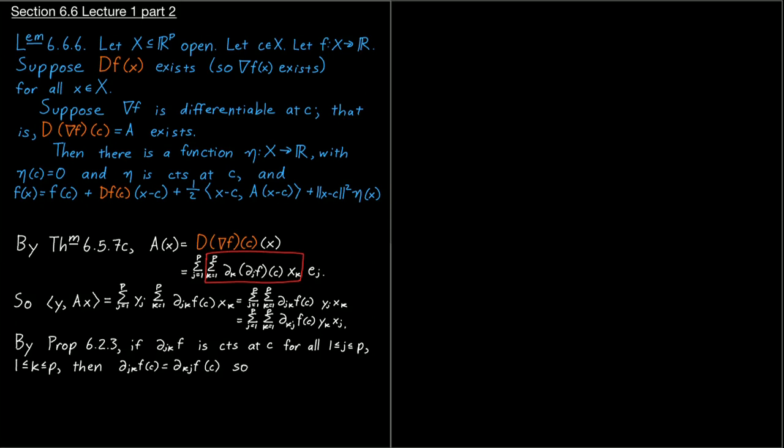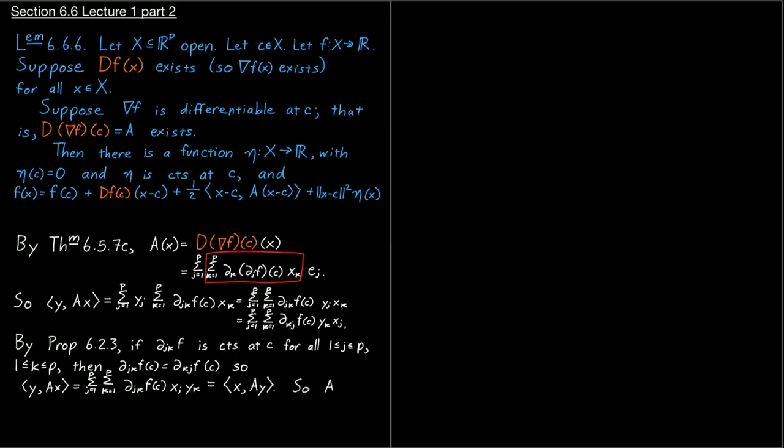So the inner product of y with Ax, let's write that last sum, except instead of having partial kj, I'll write partial jk f of c. Then I'll put the other two in the other order, xj yk. And if you work through this, this is the inner product of x with Ay.